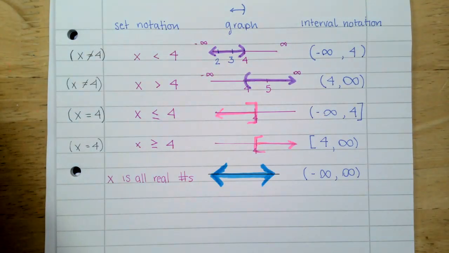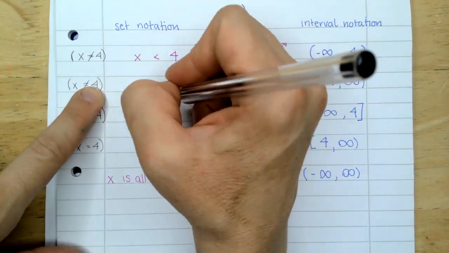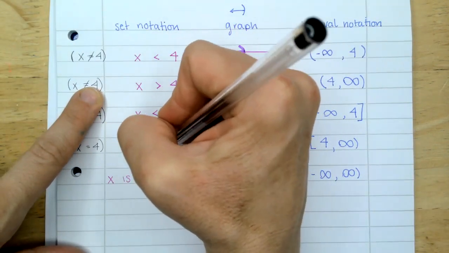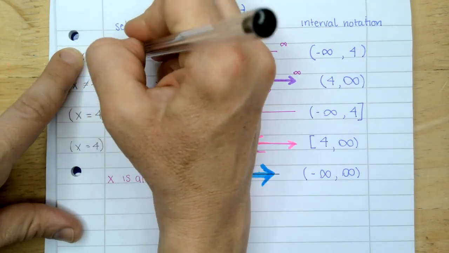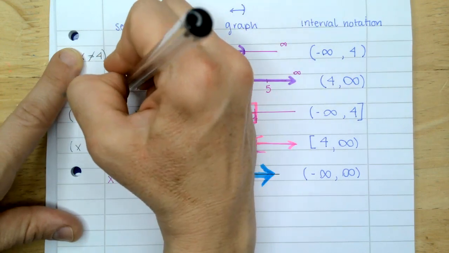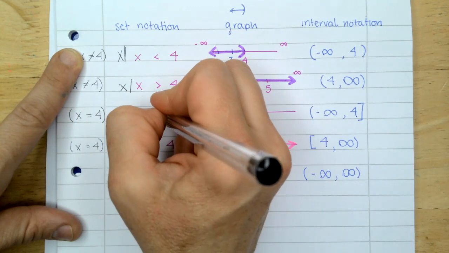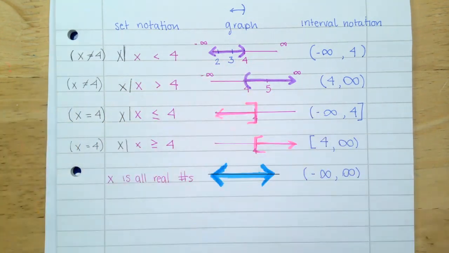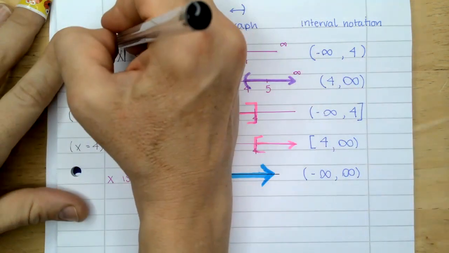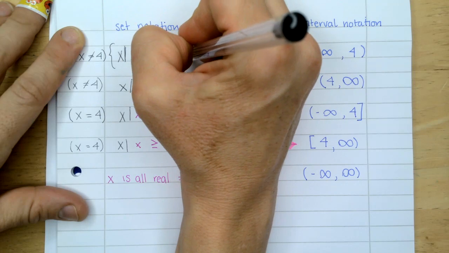Something else about set notation. We're familiar with x is less than 4, x is greater than 4, x is less than or equal to 4, x is greater than or equal to 4. It might also appear this way: x such that x is less than 4, x such that x is greater than 4, x such that x is less than or equal to 4, x such that x is greater than or equal to 4, and because it's a set, we do a different kind of bracket.